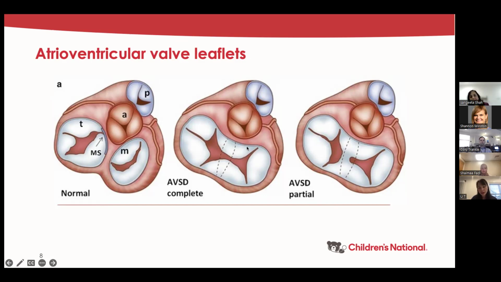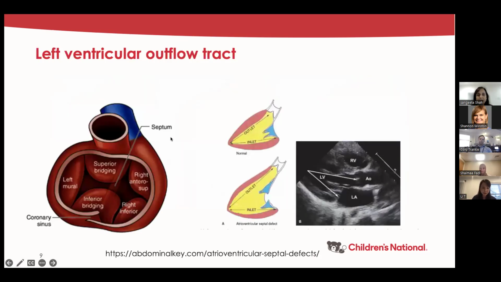The problem with this common annulus is that the aortic valve no longer is nestled in between the two annuli of the AV valves, and instead it's sprung forward. And this becomes a problem because when it springs forward, you have unusual geometry of the left ventricular outflow tract.